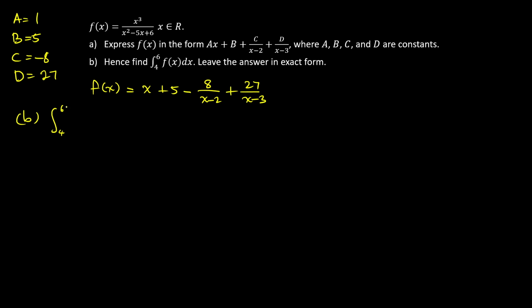So with boundary conditions 6 and 4, this is a definite integral of f(x) with respect to x, which is equal to the integral from 4 to 6 of x plus 5 minus 8 over x minus 2 plus 27 over x minus 3.